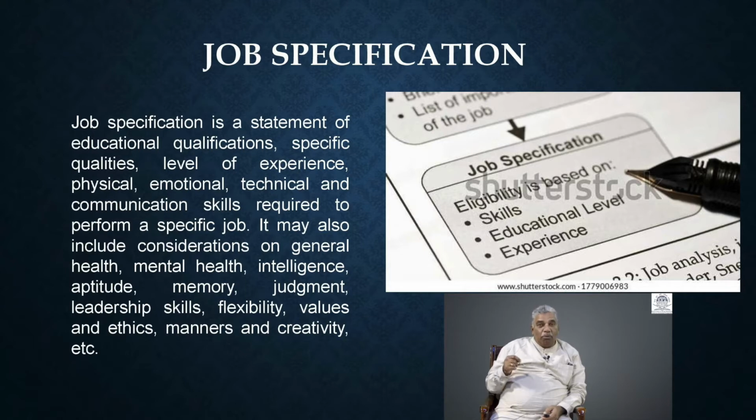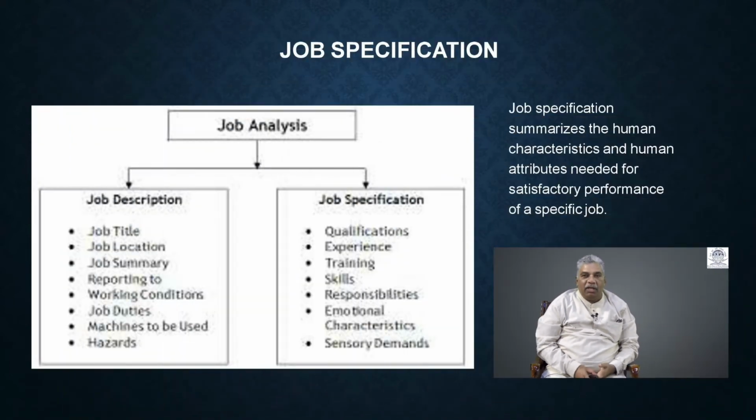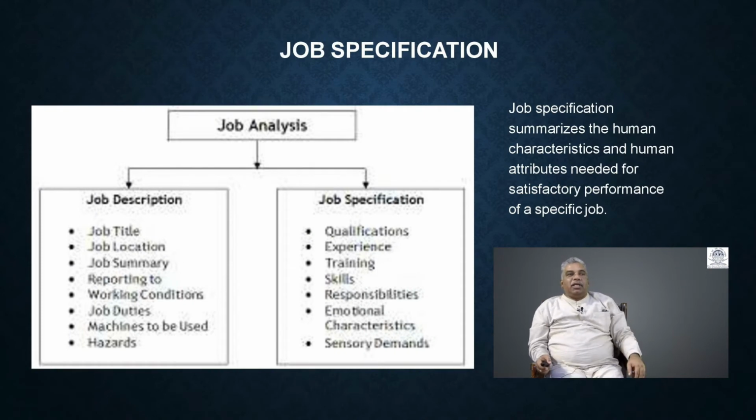So, what the job is to be done is job description, how it is to be done is job specification. If you see the job analysis, which is nothing but a combination of two things.